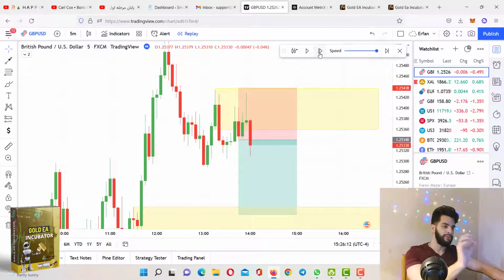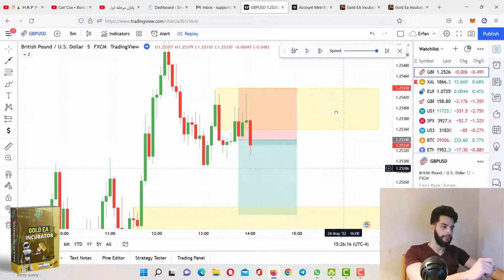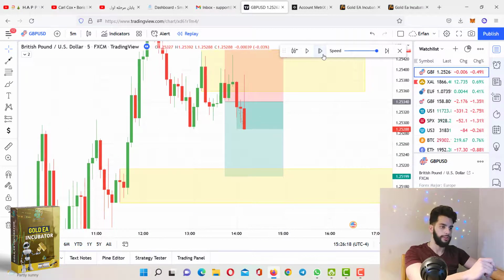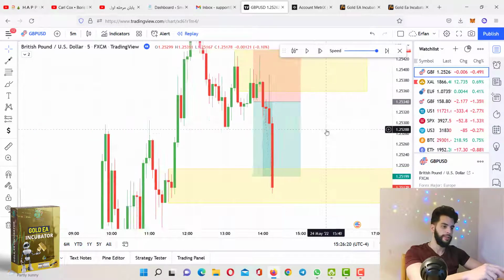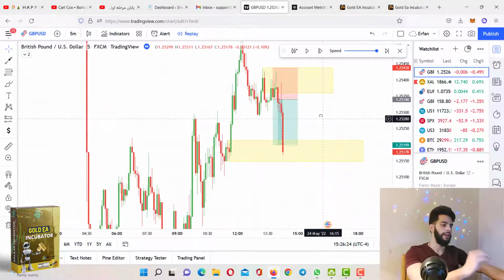And then right after this candle, guys, my entry got triggered. My stop loss was here, and my TP was here. Look at this, look what happened. Boom, smashed my TP beautifully. It was a really cool trade, I really liked it.